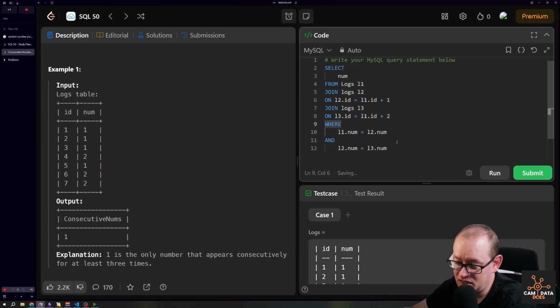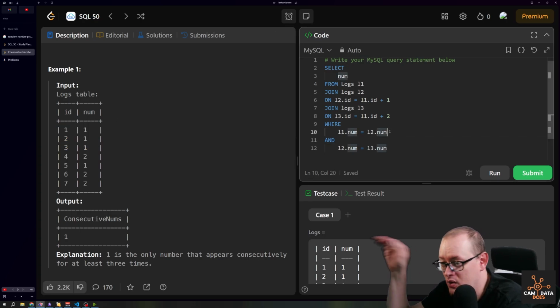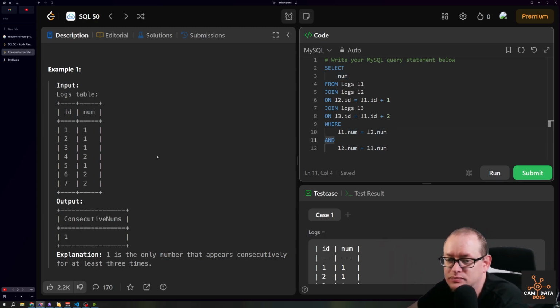So I've joined it 3 times, and then I'm making sure that all the numbers are the same. So it's going to find me 3 consecutive rows where the number is the same, which is exactly what they asked us to do. So this is going to give us those stacked, and then it's only going to give us the row where that number is identical across all those different IDs.